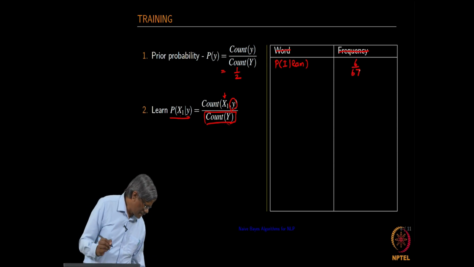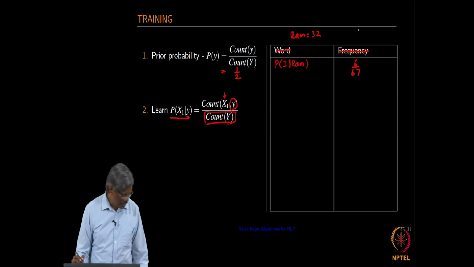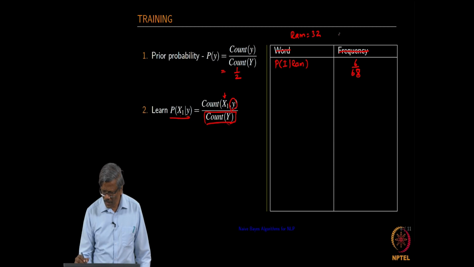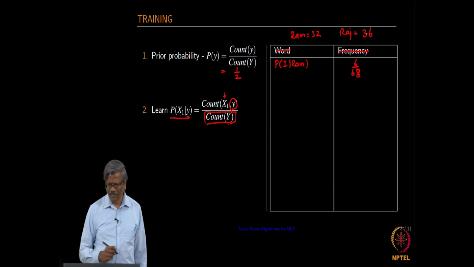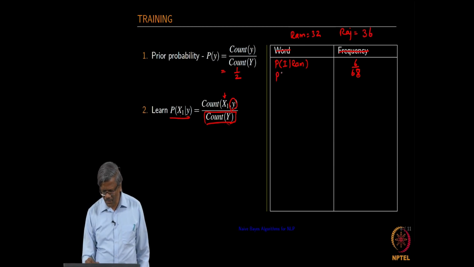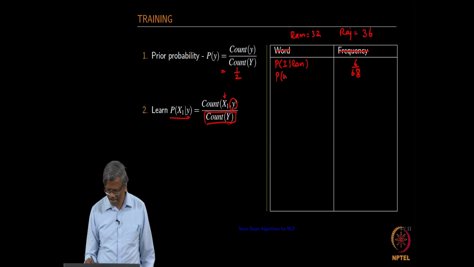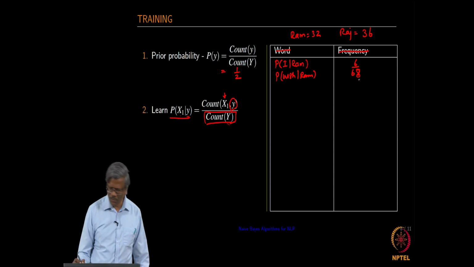I think the number of words for Ram is 32 and Raj is 36. Okay. So, in the same fashion you do for all the words and this will be 2 by 67.